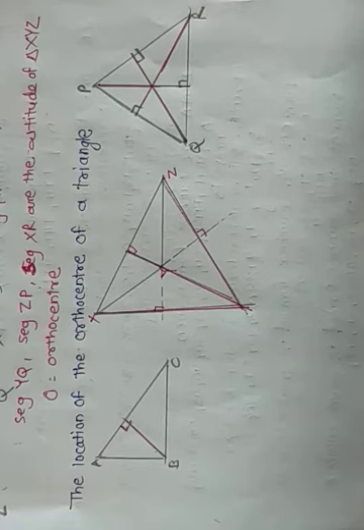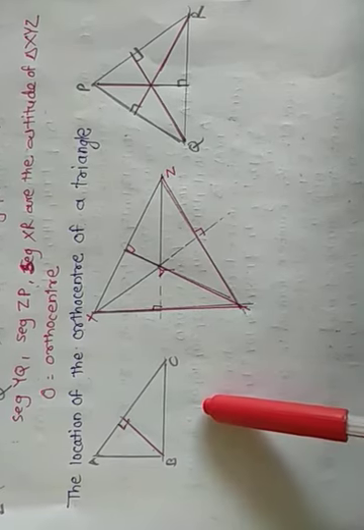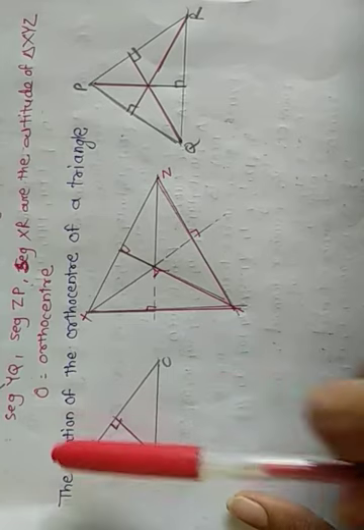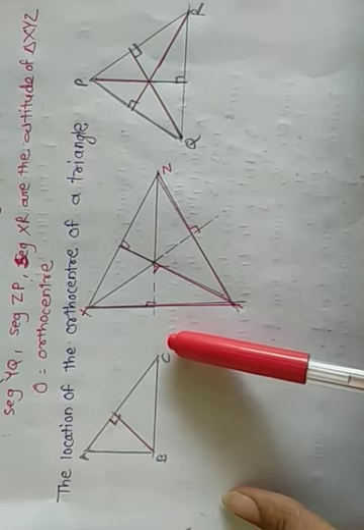Let's see the next point, the location of the orthocenter of a triangle. See this first figure, this is a right angle triangle. ABC is a right angle triangle.